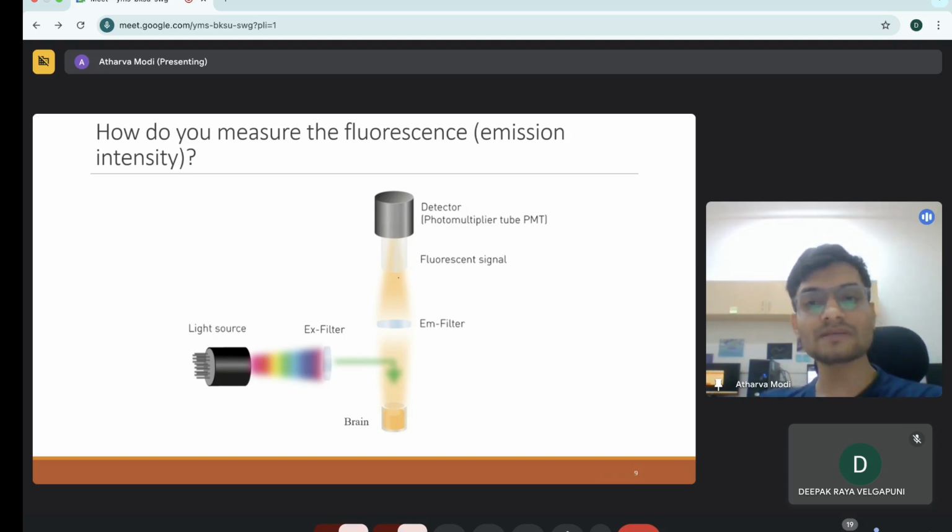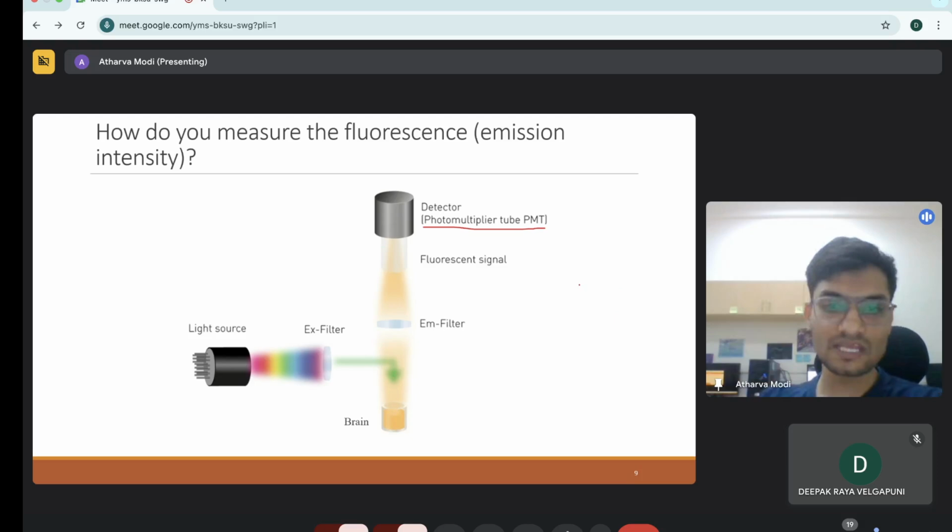Now there are many options available to detect this. One of them, which is very reliable, is a photomultiplier tube. Another is a photodiode, or you can install a camera here, which detects the light intensity coming out of this particular fiber.